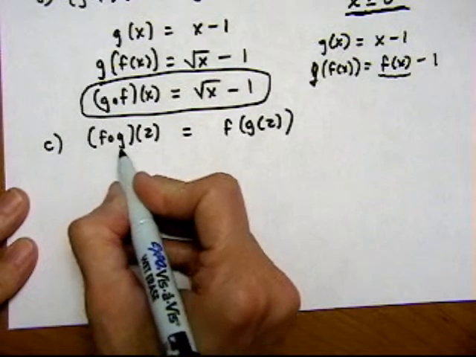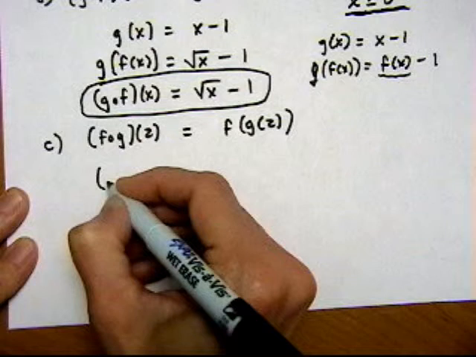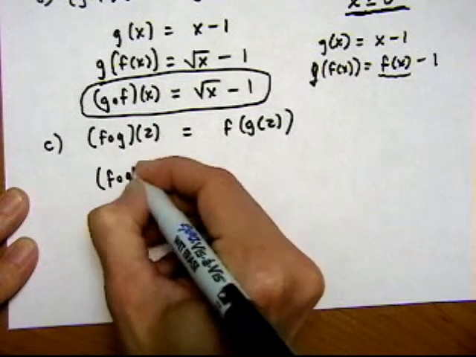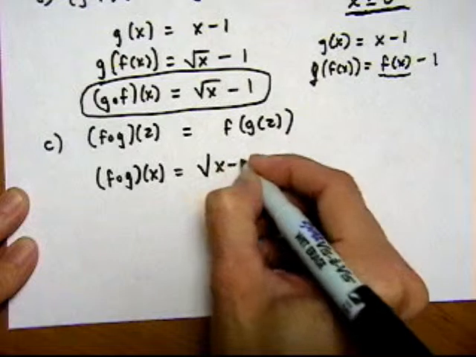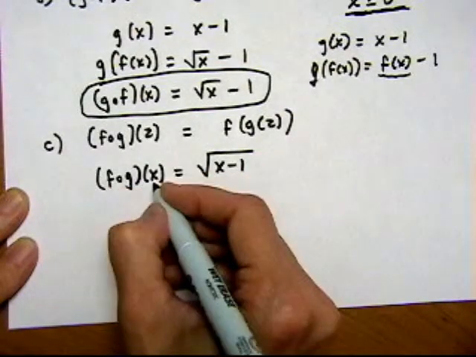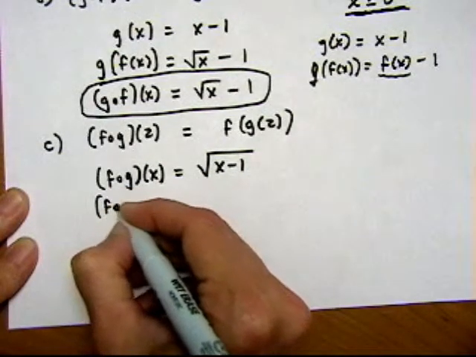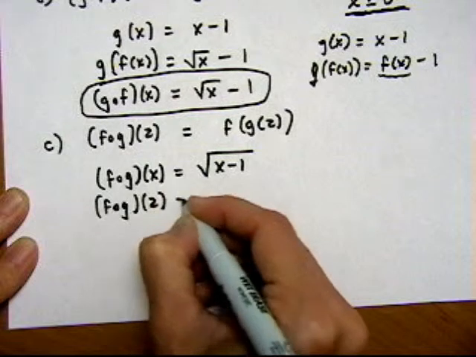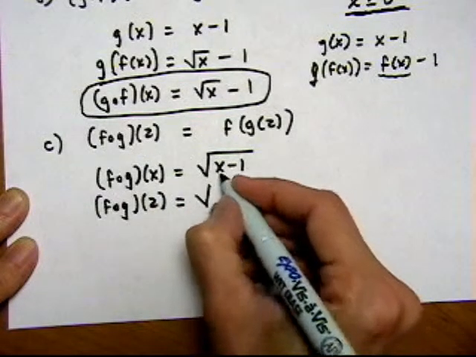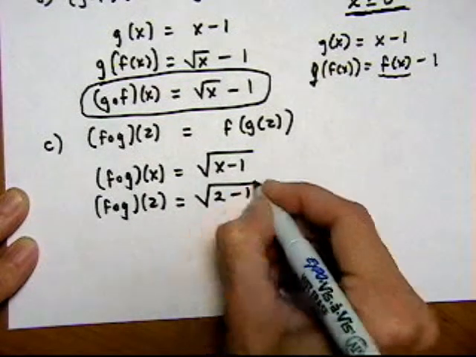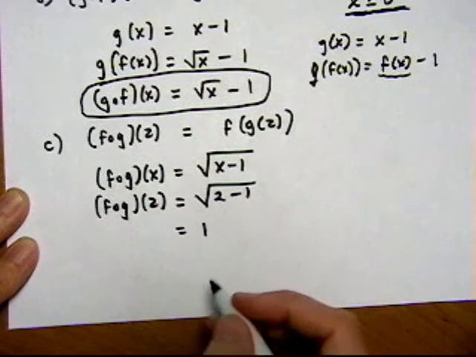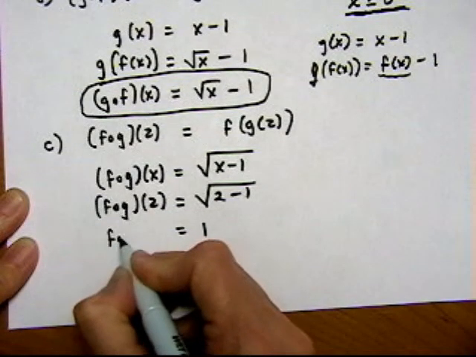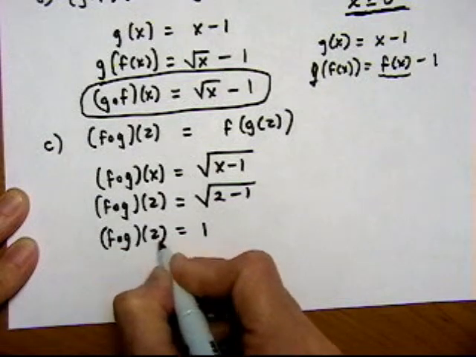So let's start with f of g of x, which we found in part A. f of g of x is equal to square root of x minus 1, and we'll replace x by 2. f of g of 2 is equal to square root of, instead of x, we have 2, minus 1, so that's equal to square root of 1 or just 1. And that would be f of g of 2.